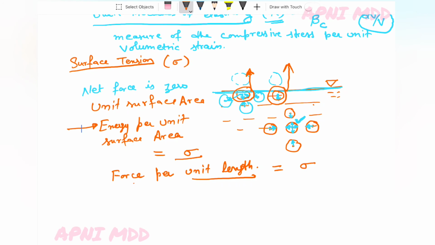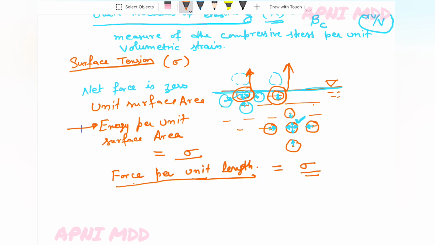Similarly, force per unit length on the surface to take the molecules out from the surface, we again call that surface tension. Okay.